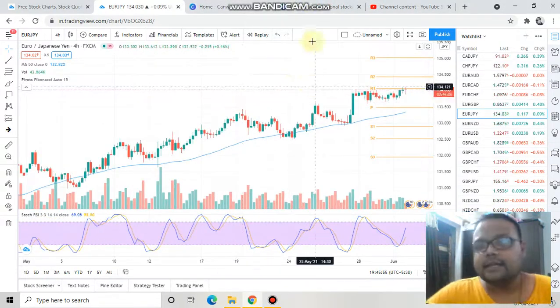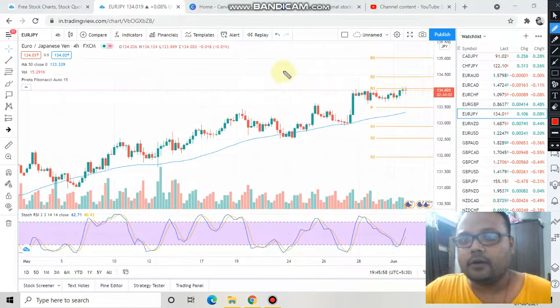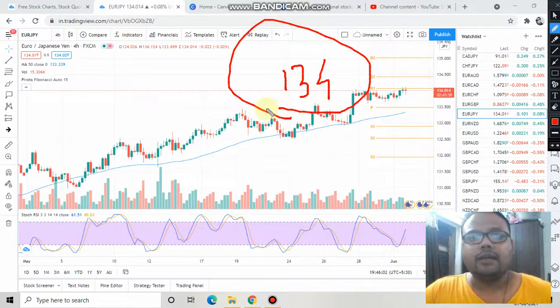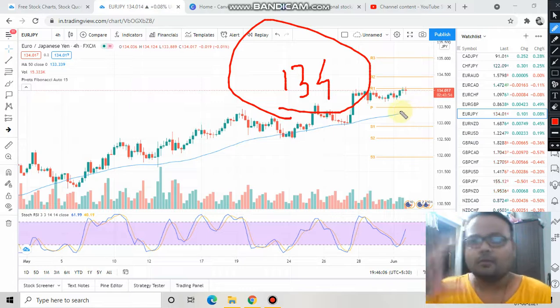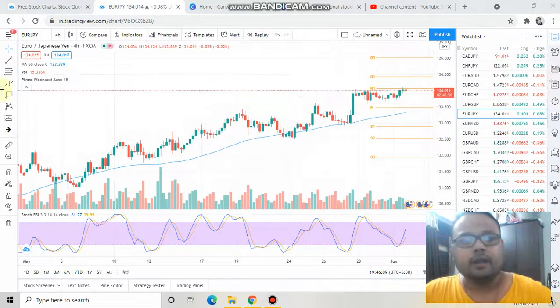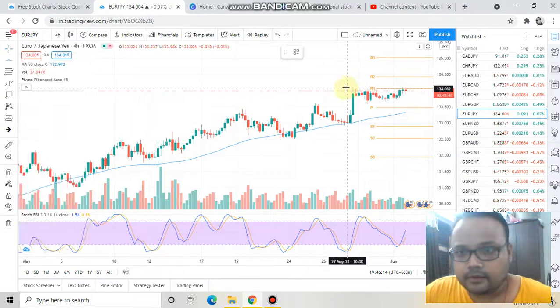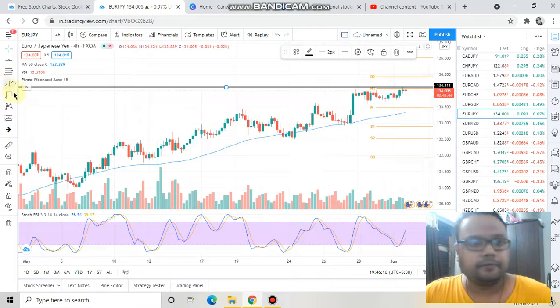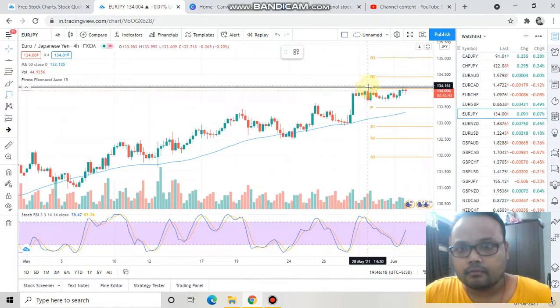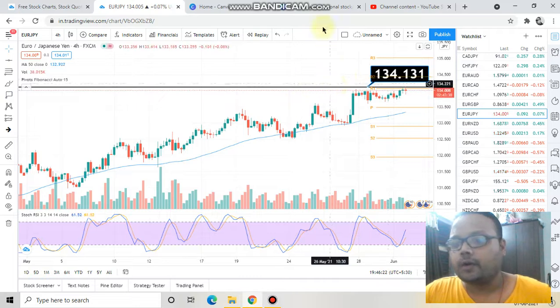Right now we can see that the market is trading at this particular point, the 134 level, and the 50 moving average is quite a distance away. Therefore, there is one more possibility here, and the next possibility is this level, the 134.13 level.